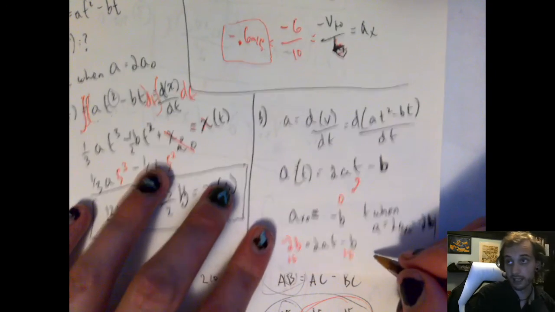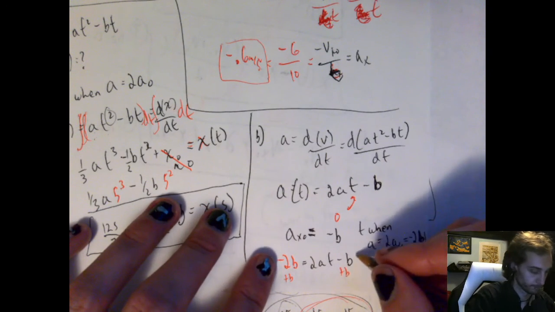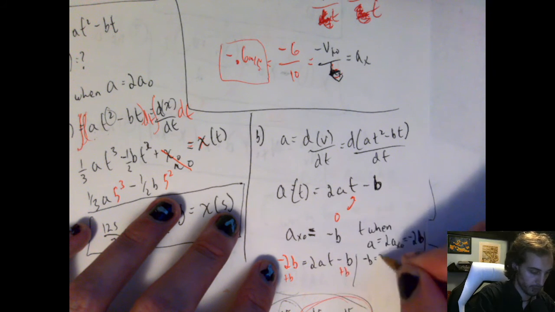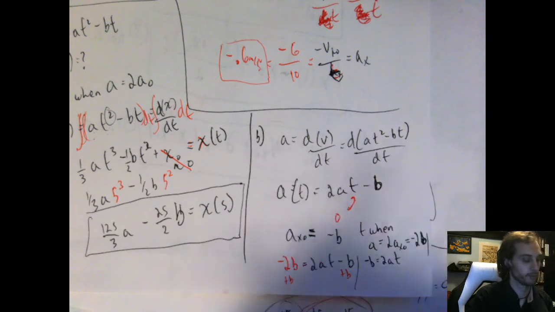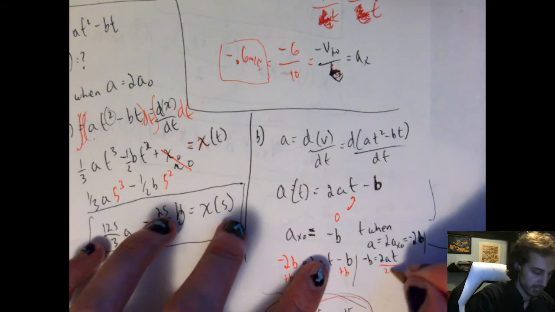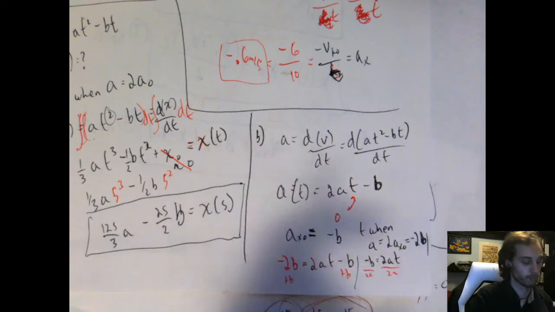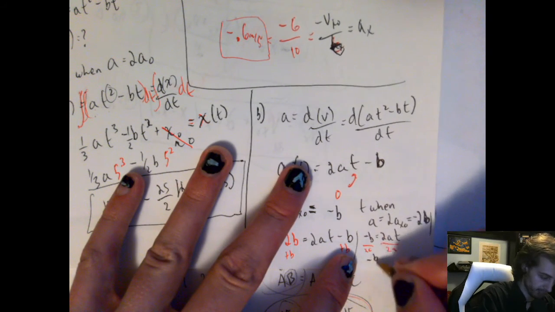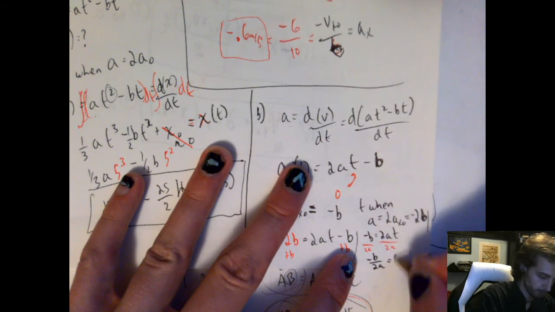That will give us that negative b equals 2at. Divide each side by 2a, and we're done. Sorry, it got very small and very cramped. Negative b over 2a equals t, and there's our answer.